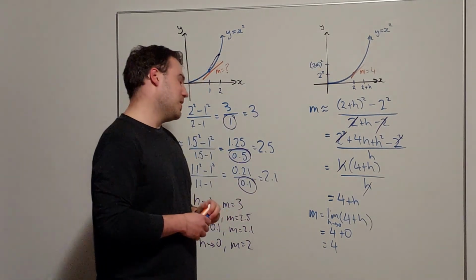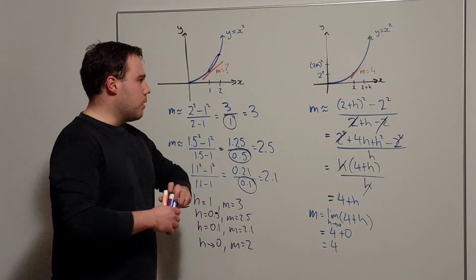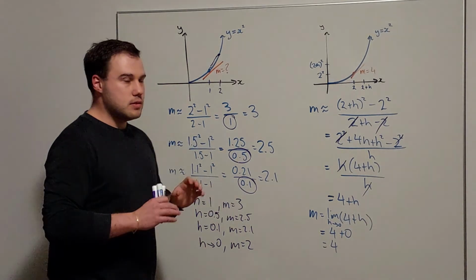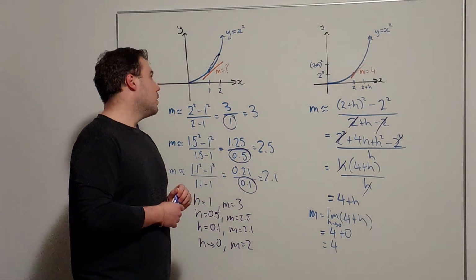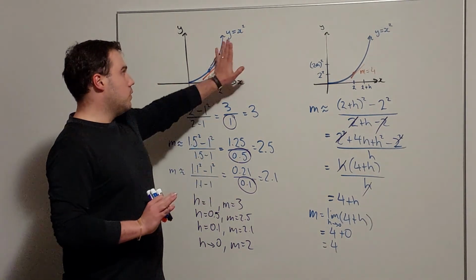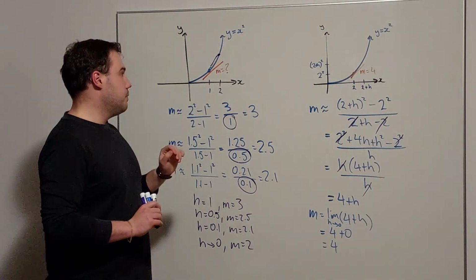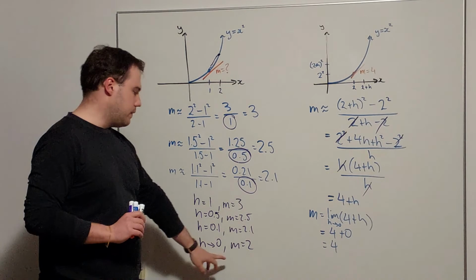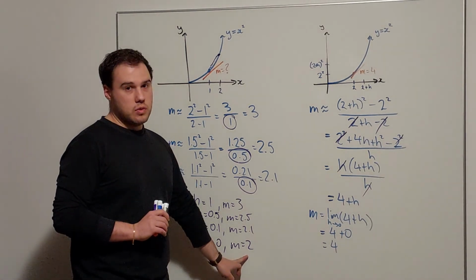But what this is going to build to is you might notice that there's a little bit of a pattern that's possibly starting to emerge. Particularly for this equation y equals x squared, we had that when the x coordinate was 1, we found that the gradient was 2.